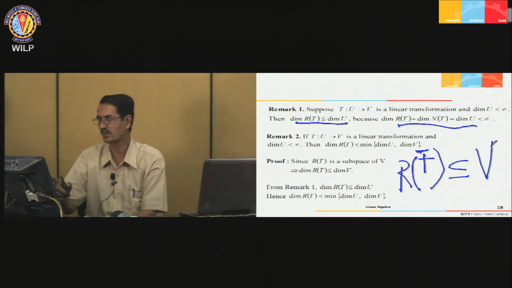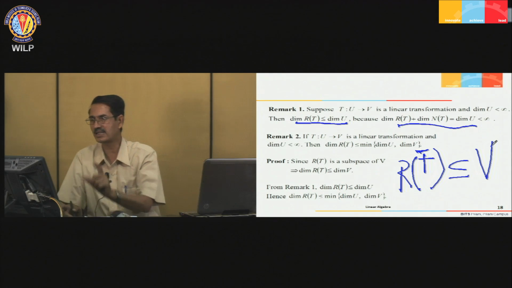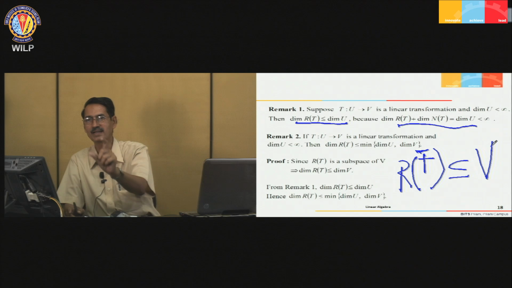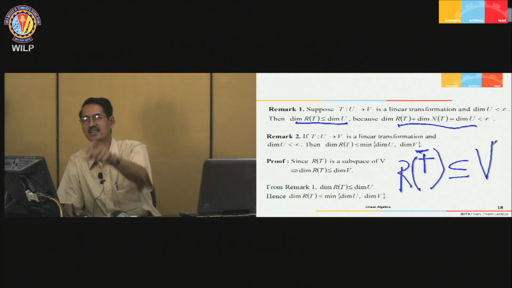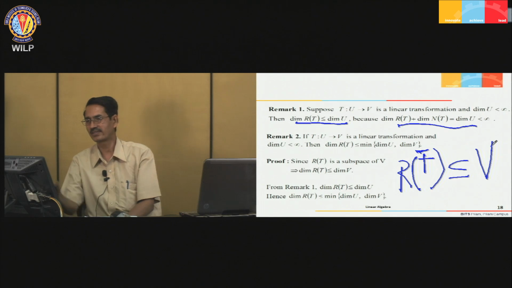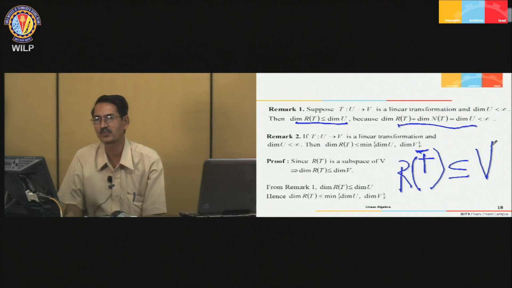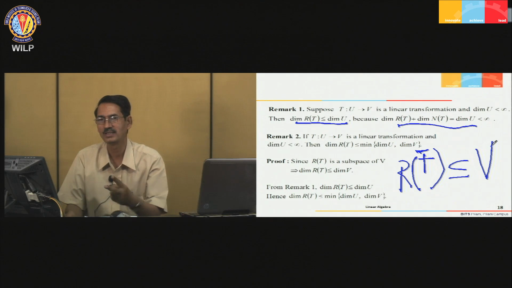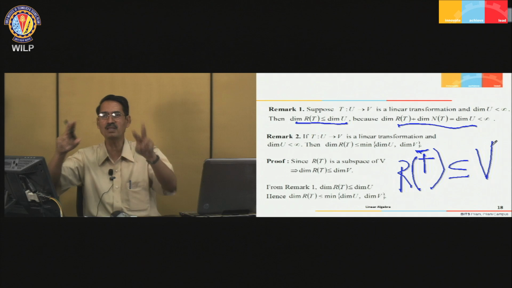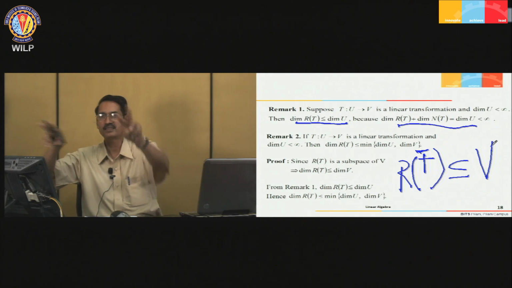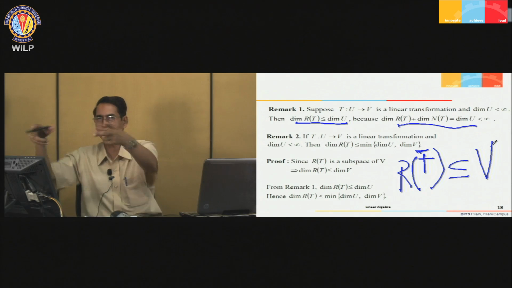Hence from the first property, what we have seen, dimension of range space of T cannot be larger than the dimension of U. Second property, dimension of range space of T cannot be larger than the dimension of V also. Therefore dimension of R(T) is always less than or equal to both quantities, so it is less than or equal to the minimum of these two.